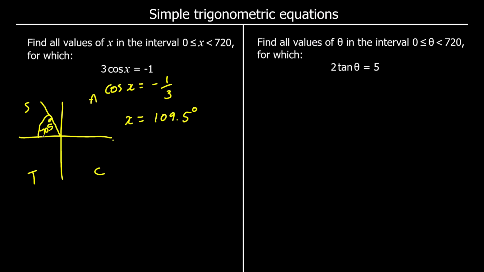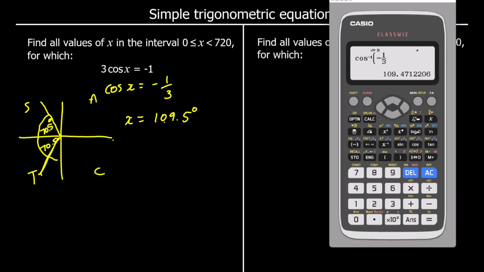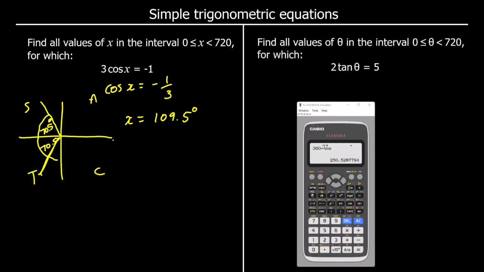Cos is also negative here, so we want 180 plus 70.5 for our second answer. So we could say 180 plus 70.5 or 360 minus the first answer. Either one of those will get us the same number, 250.5.